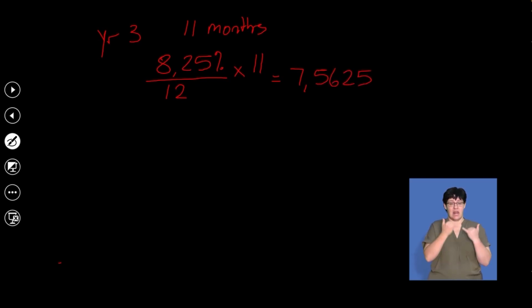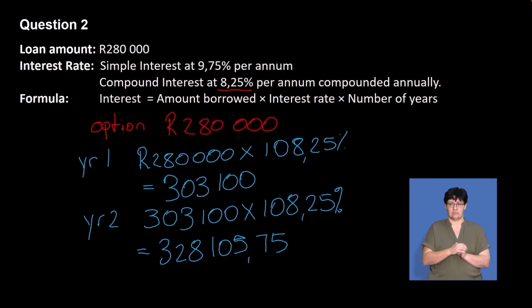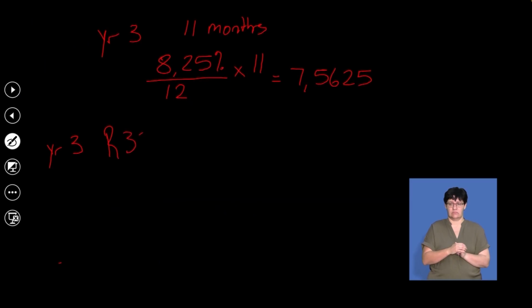So now in year 3, I need to take that full answer that I had, the amount that we had on the page before, and I'm going to get that from my calculator. Now my calculator has got this measurement in here. So that was my last answer. It was 328,105.75.